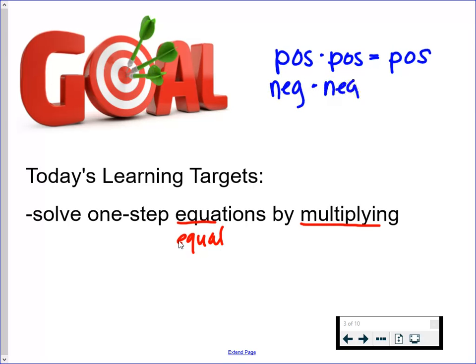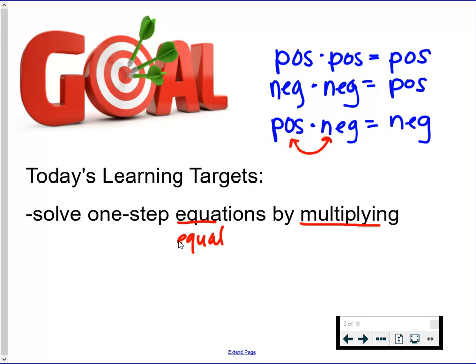Also, weirdly, a negative times a negative will give you a positive. But then one of each is how you get a negative answer. And remember, one of each can be in either order.